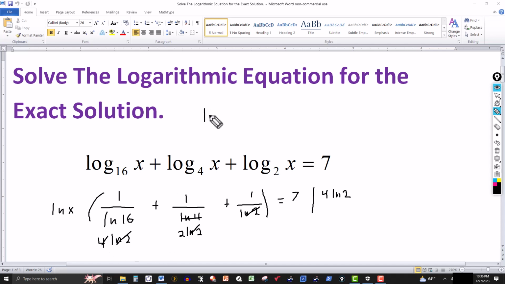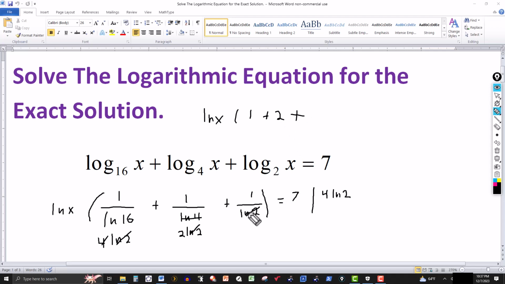So what do we have left then? Go up here then. This will be ln of x. And then for the first one here, the 4, the ln of 2 canceled. And that just left me with a 1 plus. And for the second one here, ln of 2 canceled. 2 goes into 4, 2, so this gives me a 2 here.